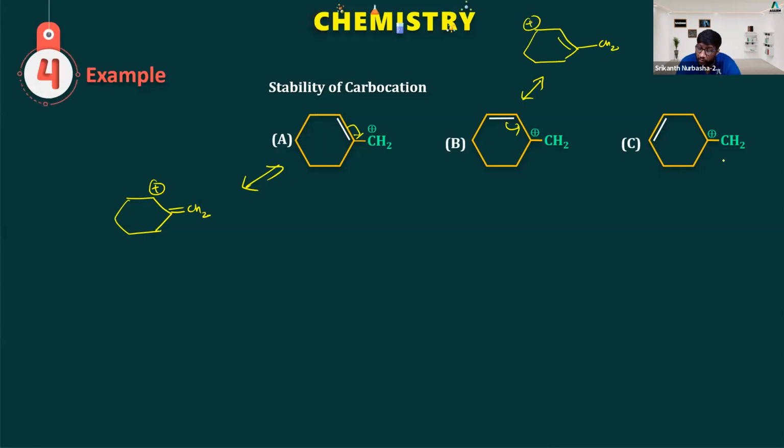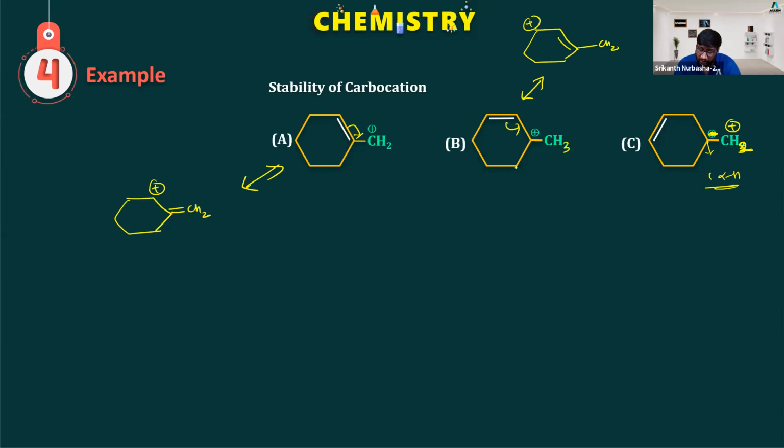C has no resonance, only hyperconjugation. How many hyperconjugated structures? If the positive charge is here, then it should have CH3. If the positive charge is on CH2, then it should be plus. So this is alpha, only one hydrogen, so one alpha hydrogen. In B, resonance is there and also alpha hydrogens are there.